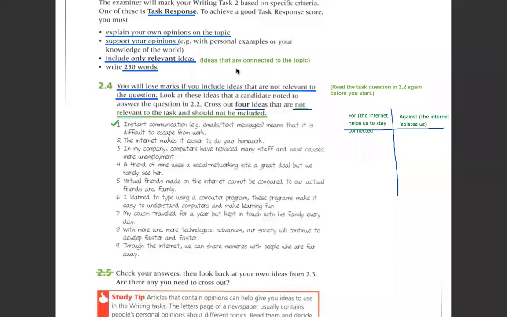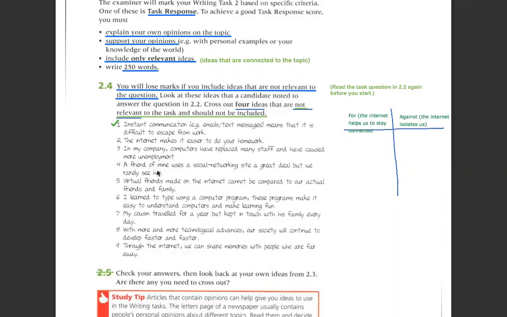So which ones do you think are not relevant? All right, let's have a look at them.